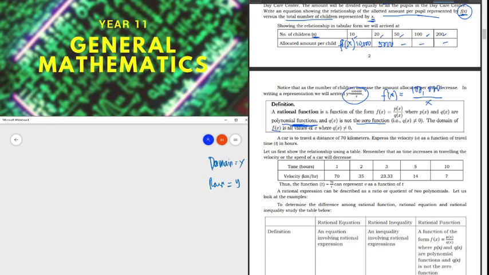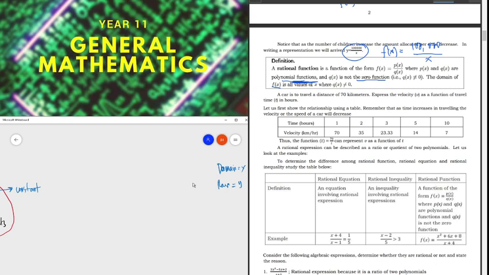Let me give you an example. Say for example you have x over x minus 2. What could be the domain here?